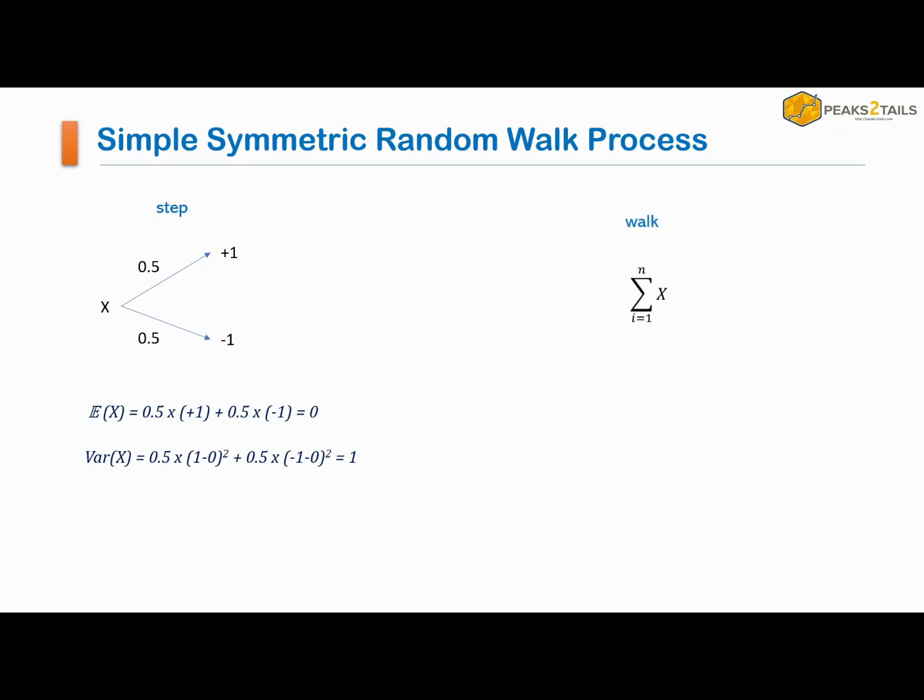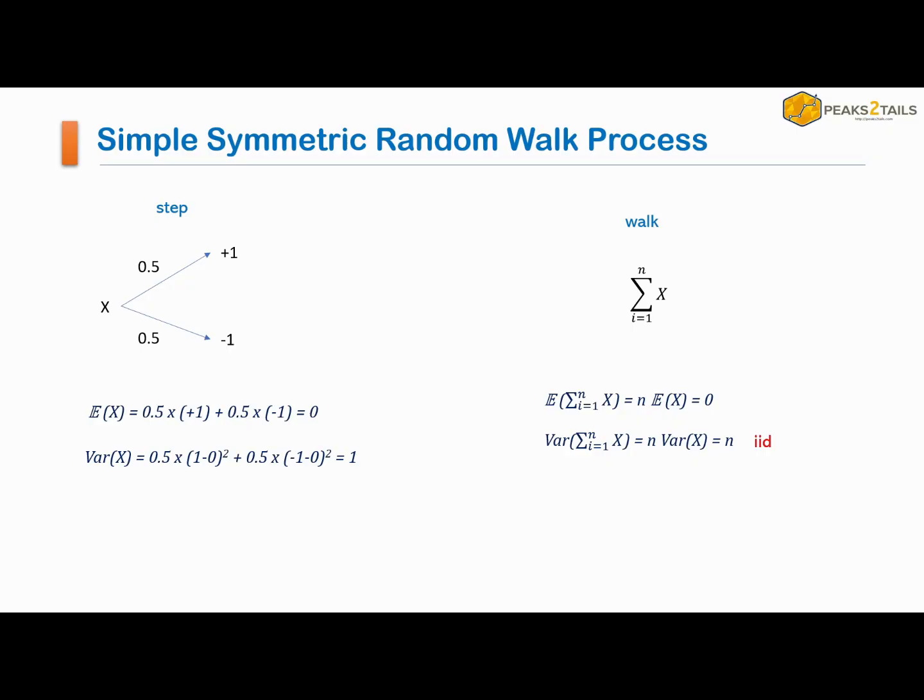What about the walk? Now the walk is a sum of steps. Consider the walk has n steps. So the expectation of the walk is basically n times the expectation of the step, which is again 0. This is true because expectation is a linear operator. Now the variance of the walk is n times the variance of x, which is n times 1, equal to n, because the steps are IID, independent and identical.